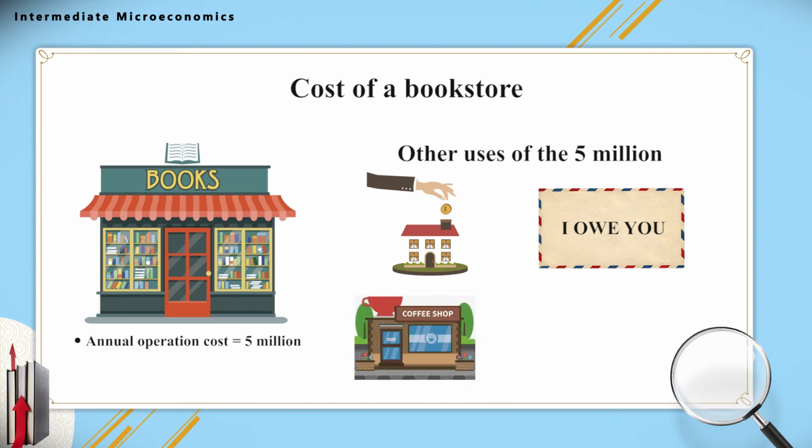When you use this 5 million yuan to run the bookstore, it means you give up the benefits of the other three uses. If the estimated revenue from investing in a coffee shop is the highest among these three options, which is estimated at 6 million per year, then the economic cost of opening a bookstore is to give up the revenue of coffee shop of 6 million yuan.